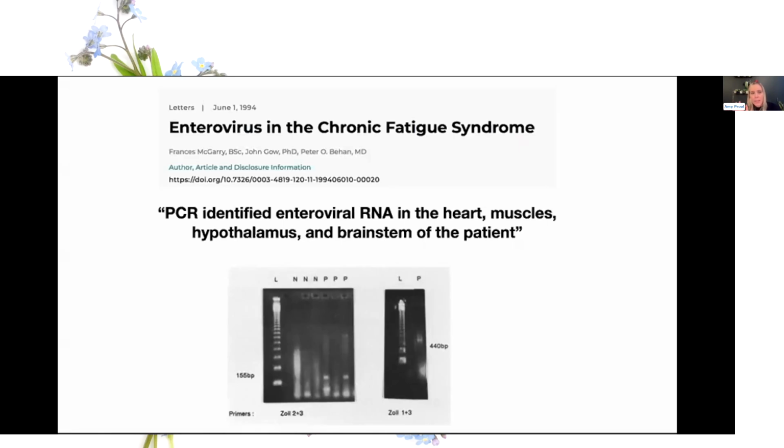They used PCR and found enterovirus RNA in the heart, in the muscle, in the hypothalamus, and even in the brainstem of the tissues examined from this person who passed away with an ME diagnosis. I'll get back to the brainstem later. It's interesting that the RNA was in the brainstem, because I'll explain more later.